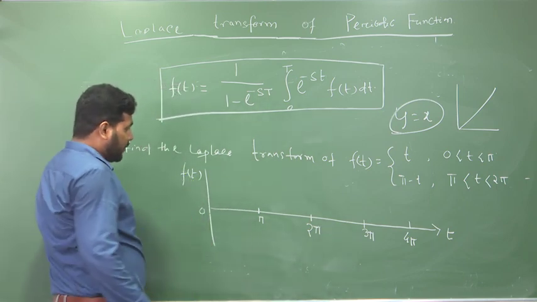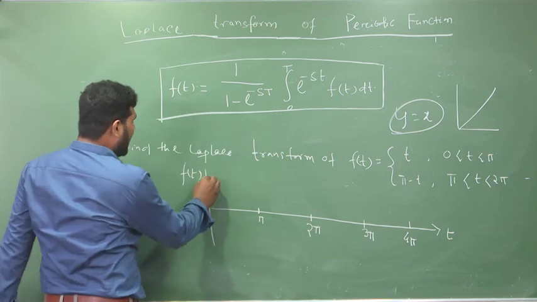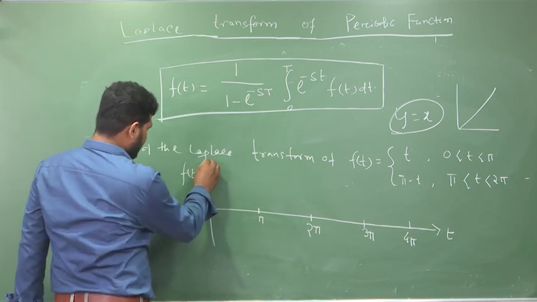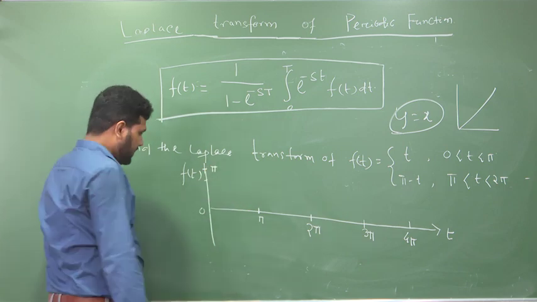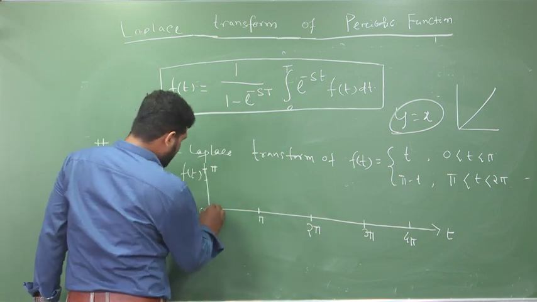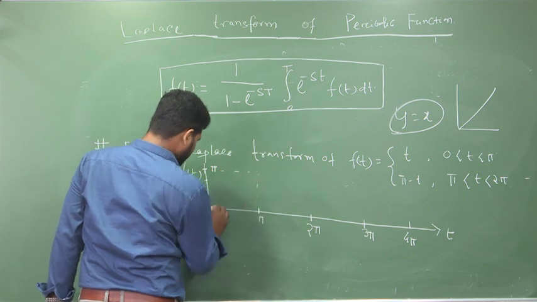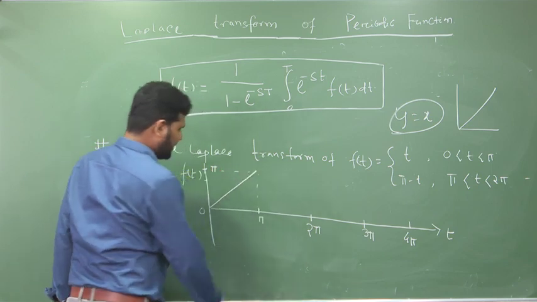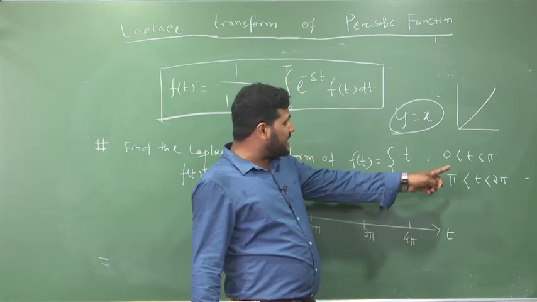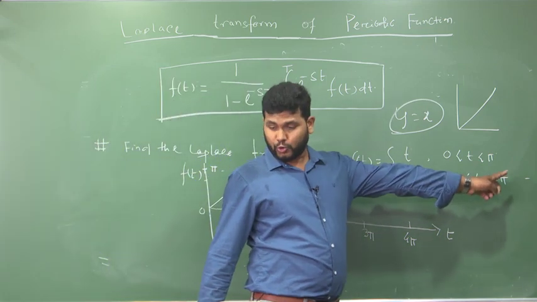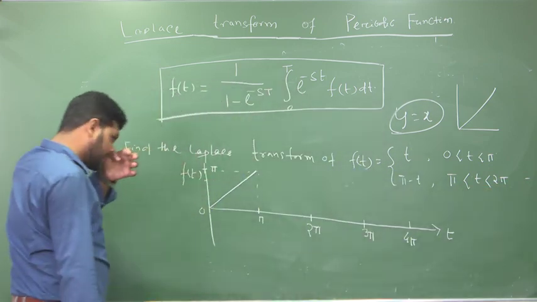So what is my maximum value? That is also pi. Here is the maximum value pi, that is 3.14. Okay, so up to this, like this. Pi minus t from pi to 2 pi, pi minus t.